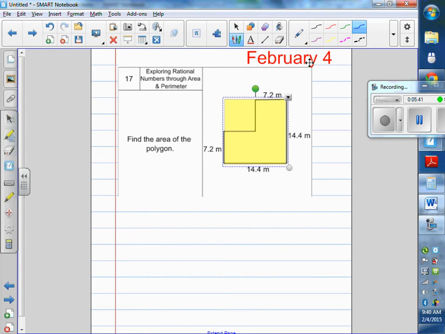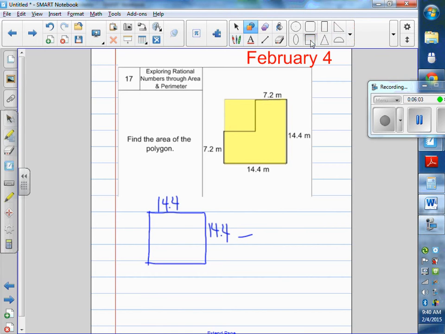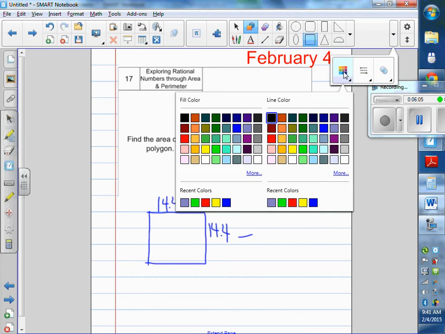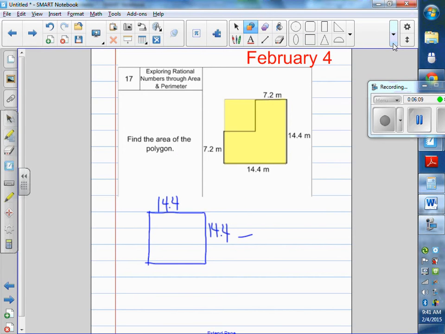And they found the area of the yellow square, which is 14.4 by 14.4. And then they subtract it out. This bit.